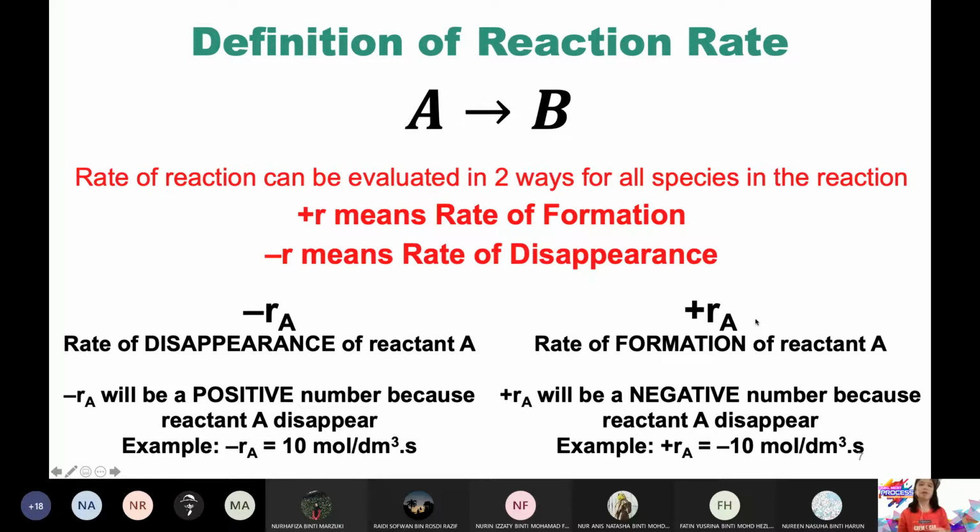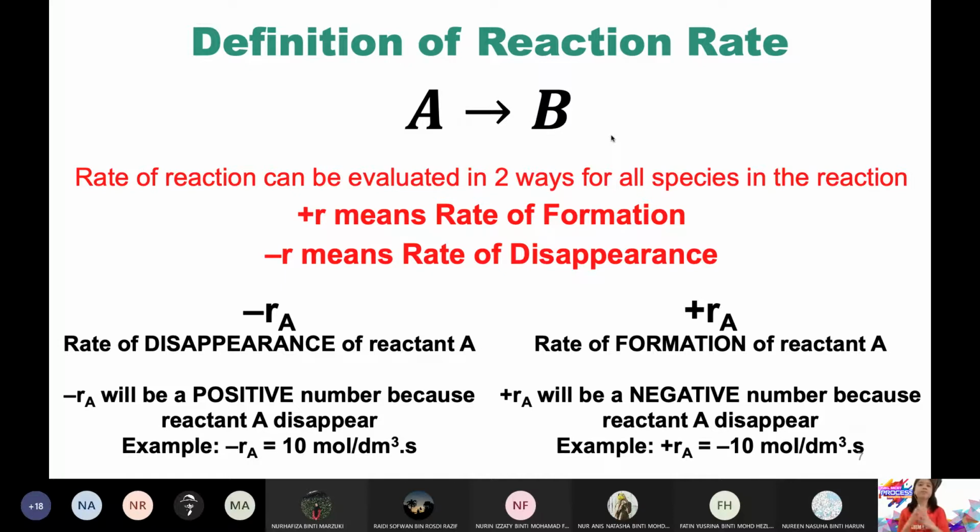So selepas ni bila kamu tengok negative RA means rate of disappearance of A, positive RA means rate of formation of A. So the positive and negative of the R to signify disappearance or formation, the small a to signify the species that you are quantifying, which is A, your compound A, which is your reactant dalam senario contoh ni. Okay, now itu adalah simbol untuk positif atau negatif R.